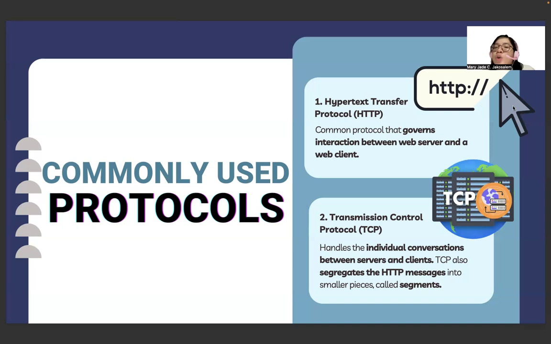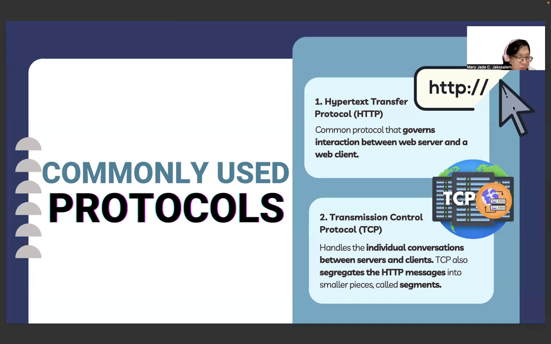Next is the Transmission Control Protocol, or TCP. It handles the individual conversations between servers and clients. TCP also segregates the HTTP messages into smaller pieces called segments. So TCP is the one that handles each conversation between a server and a client, and it is responsible for segregating the HTTP messages into smaller pieces called segments.